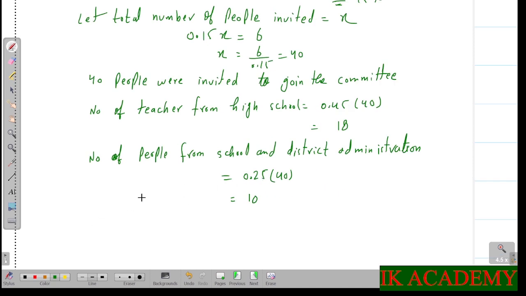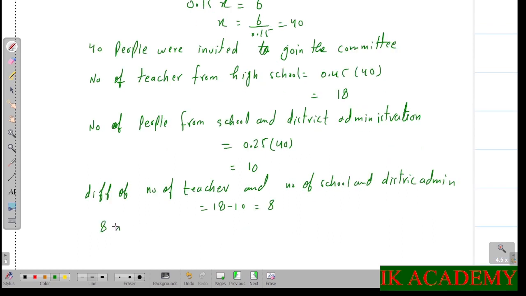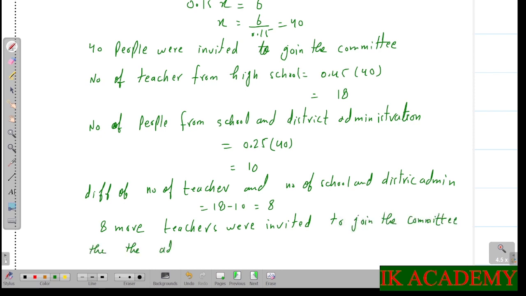So the difference of the number of teachers and the number of school and district administration is equal to 18 minus 10 is equal to 8. It means 8 more teachers were invited to join the committee than the administration staff.